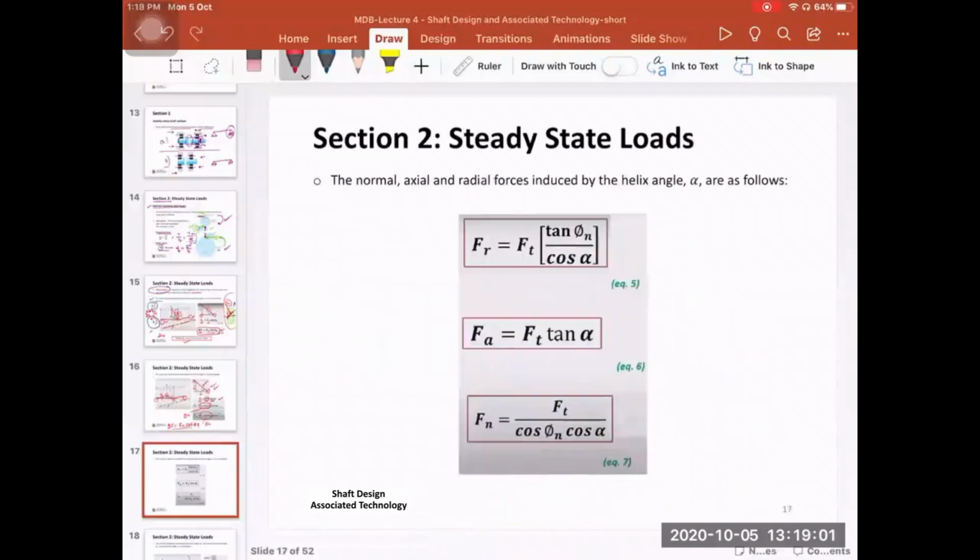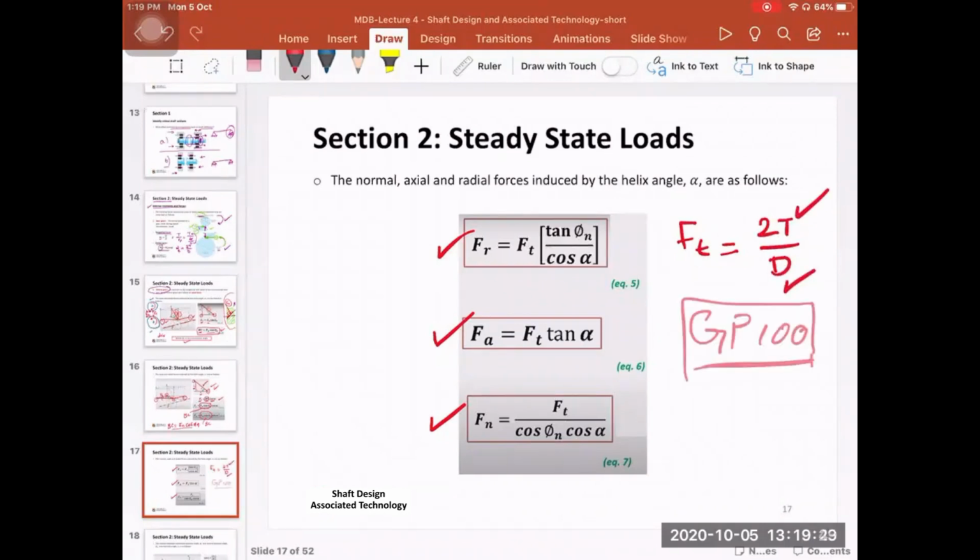And then eventually you will find that you need to do some math here to relate these three forces together: FR as a function of FT, FA as a function of FT, and Fn as a function of FT. So the idea is that FT can be found using 2T over D, because normally the torque is given and the diameter of the gear can be found.